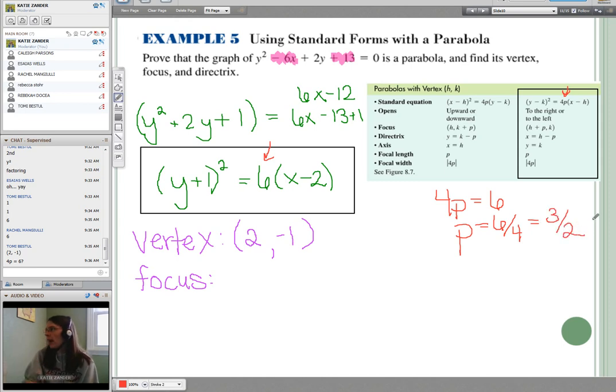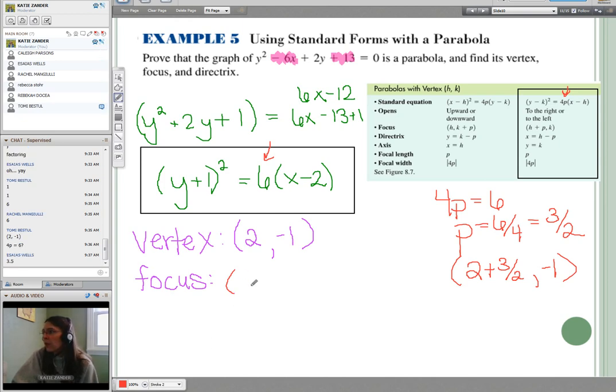Now that you have the p, we can find that focus a little bit better. The focus is at h plus p. So h was 2, and p was our 3/2. When I add those together, what do we get for the x value? What's 2 plus 3/2? 3.5, yep, or 7/2, depending on how you want to look at that.